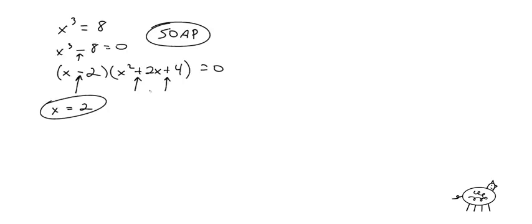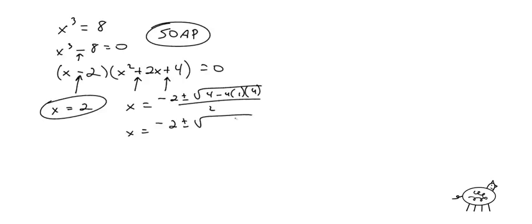And the other one, you can't really factor that one, so you've got to use the quadratic formula. So x equals opposite of b, plus or minus the square root of b squared minus 4 times a times c, all over 2 times 1. Okay, so x equals negative 2 plus or minus the square root of 4 minus 16, which is negative 12, over 2.